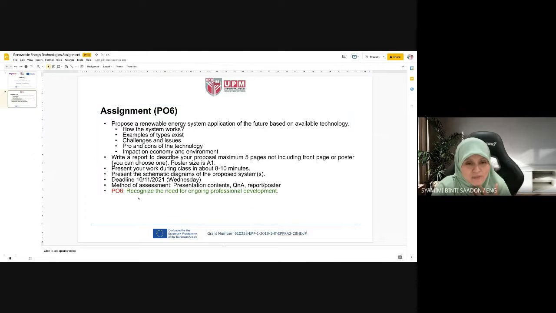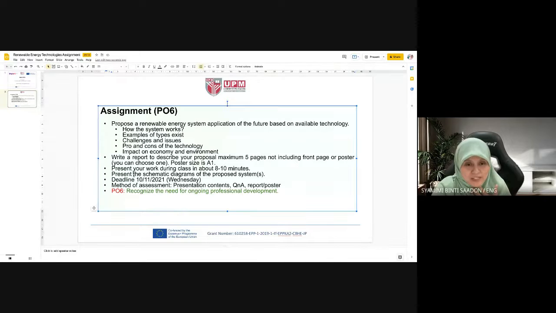If possible, also present the schematic diagram, meaning the process and the system, how the cycle works. If it's solar energy, it must have the cycle from the heat source to the power output. So if possible, include the system diagrams and explain how the system works.